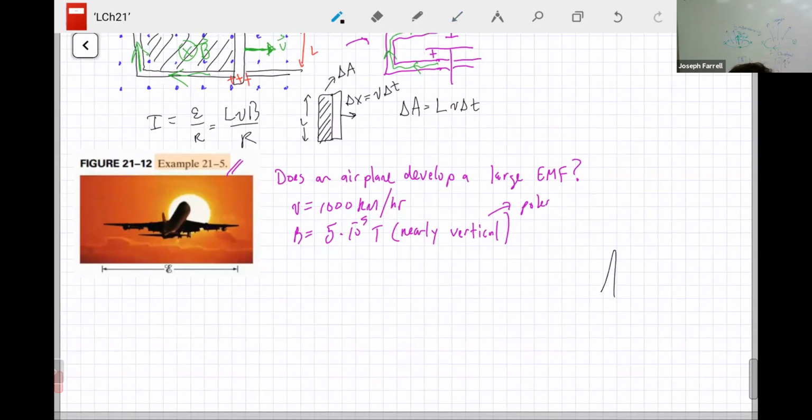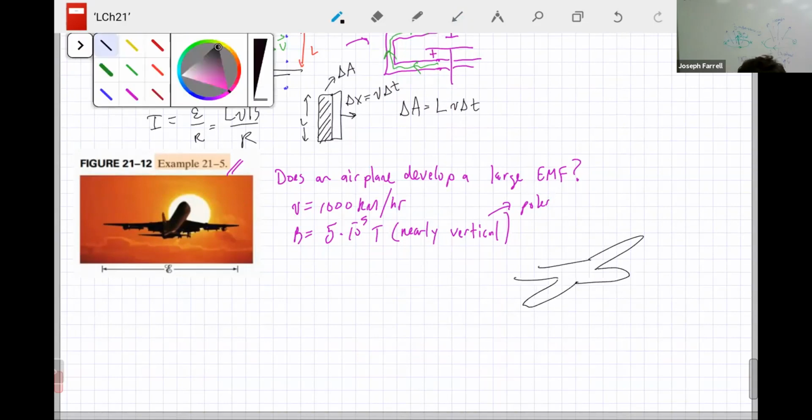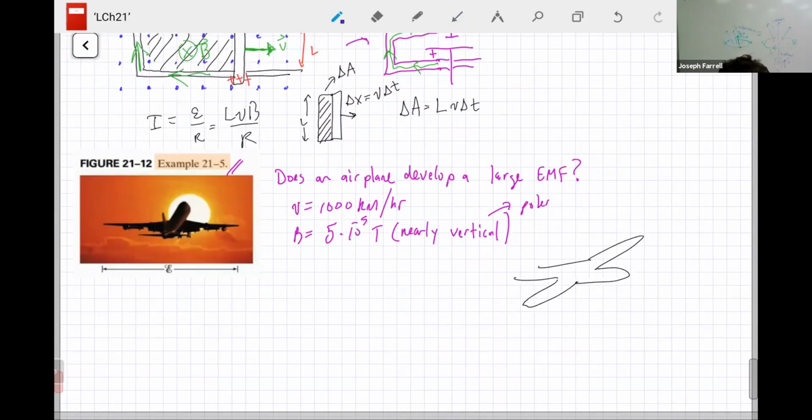Usually, if the airplane is flying in typical temperate latitudes, your magnetic field may be somewhat perpendicular, but mostly along the airplane. So you have only a little bit of perpendicular component. Any component of the magnetic field along the plane doesn't count.